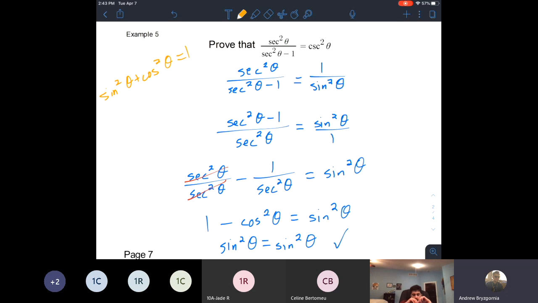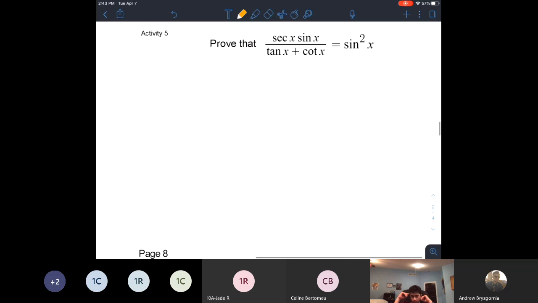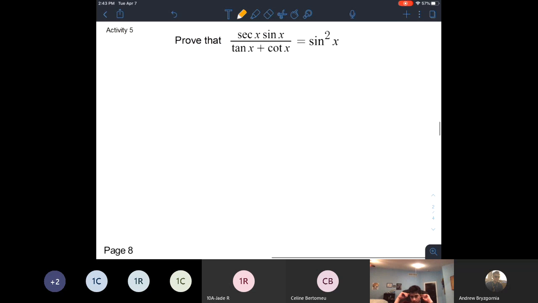So I'm going to move to the last one then. And I want all of you to try this. I encourage you to try to solve this the exact same way we did the previous one.